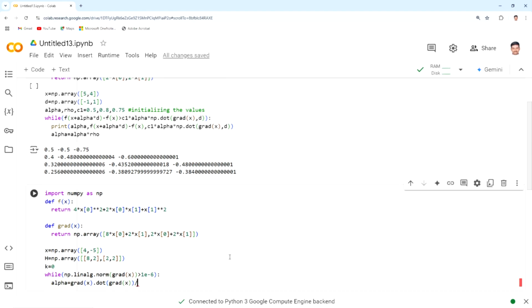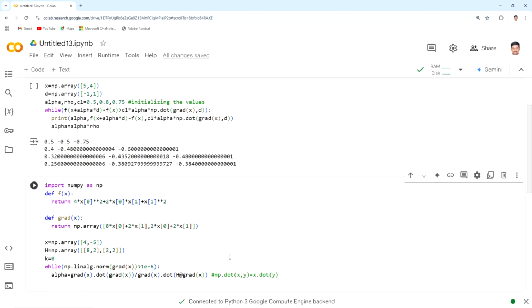Please note that instead of np dot of x comma y, I can write it as x dot of y, both are the same. I am just writing it in a shorter format.